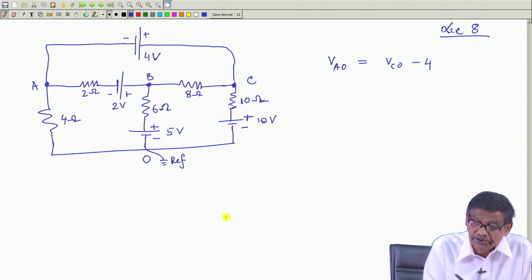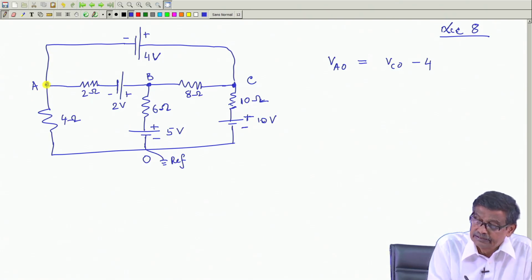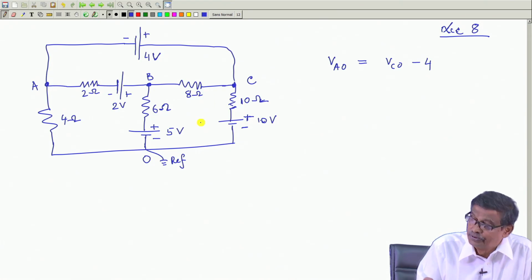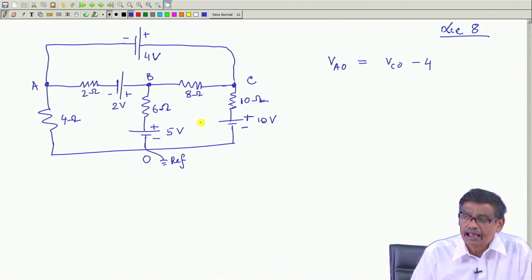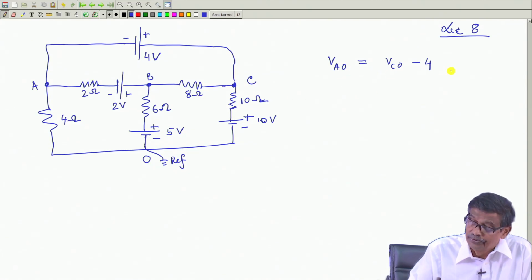So, this potential is then not another variable, but it depends on Vc0 by a constant, add or subtract by a constant. So, Va0 is this one.